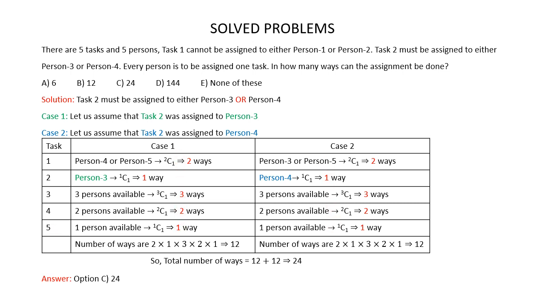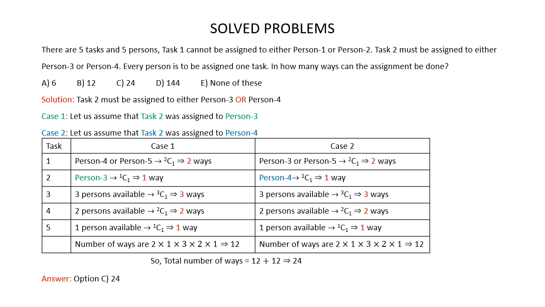Now let's look at case 1 first. In case 1, task 2 has been assigned to person 3. So person 3 has been selected for task 2 in one way. Now it's also given that task 1 cannot be assigned to either person 1 or person 2.